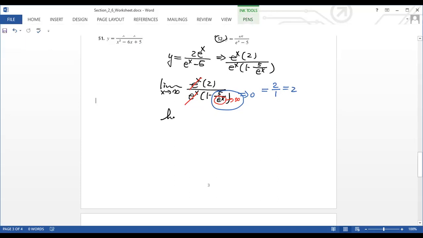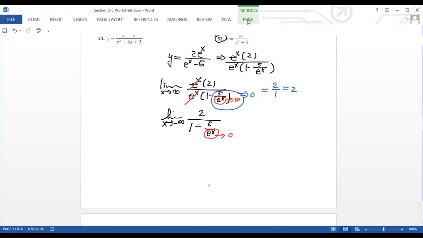Now let's take a look at the other one. When x approaches negative infinity, I am still able to cancel out, so I still have 2 over 1 minus 5 over e^x here. Now let's be very, very careful. When x approaches negative infinity, what is this number going to approach? This number is going to approach 0.